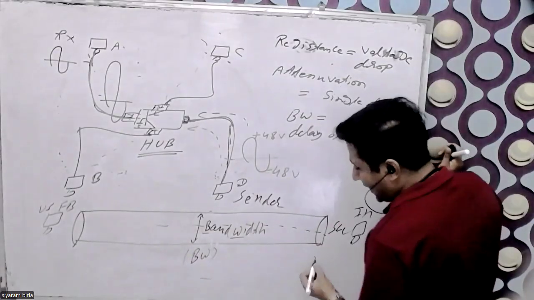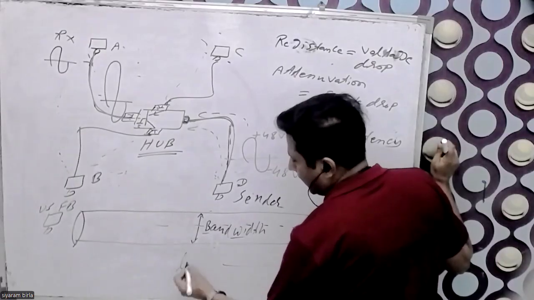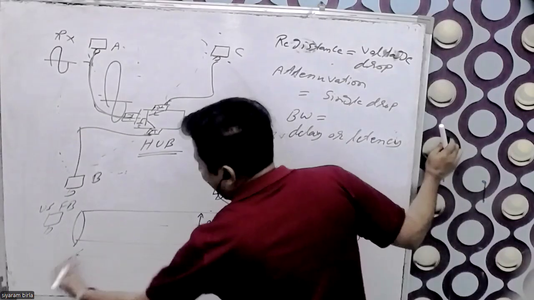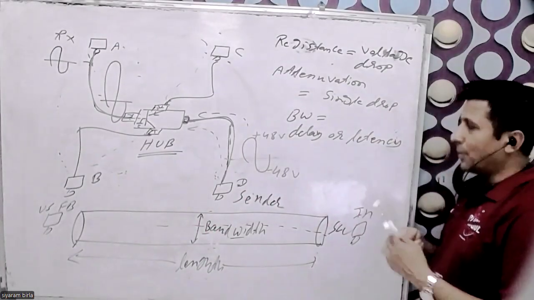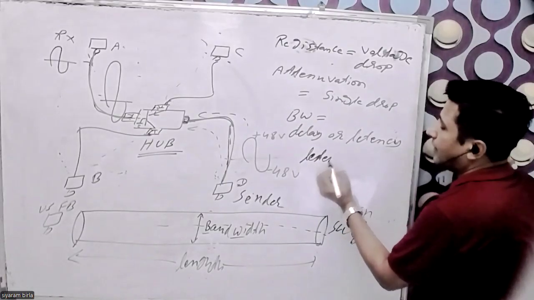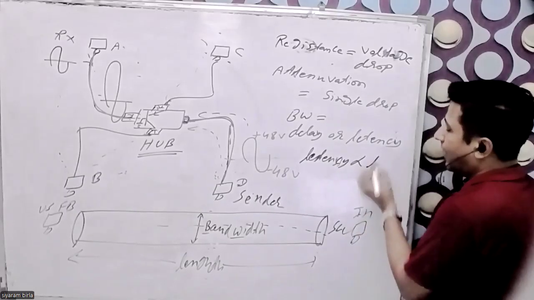The length of the cable is called the delay or latency, because latency or delay is directly proportional to the length.